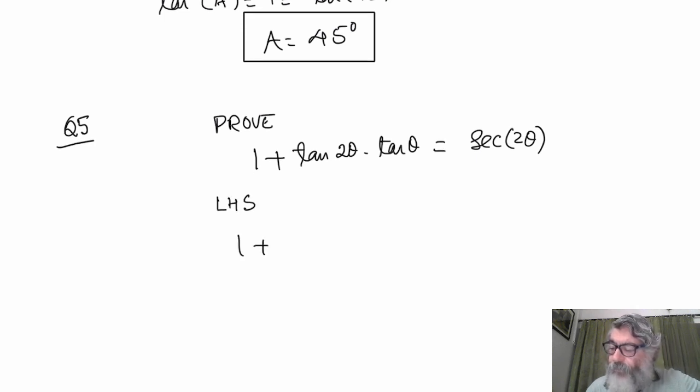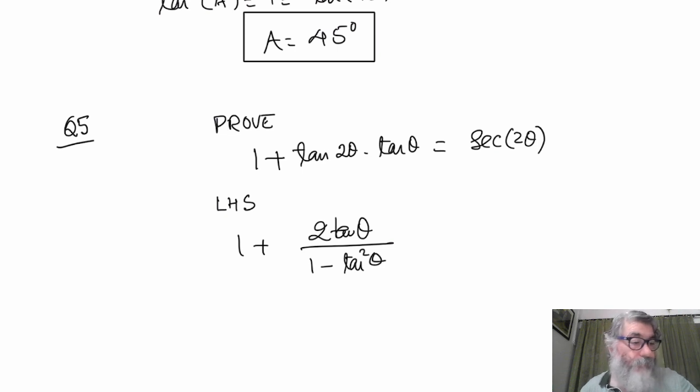1 plus tan 2 theta into tan theta. We know the formula of tan 2 theta: 2 tan theta upon 1 minus tan square theta.